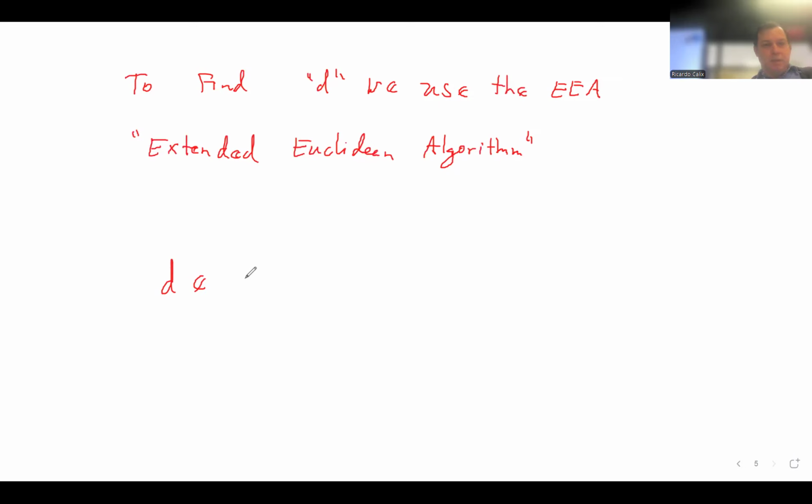D times E mod N must equal 1. And we've already talked about this. This just has to do with the remainder, if you remember. So in this case, the extended Euclidean algorithm would do a search and then maybe discover that D is 103. Okay?